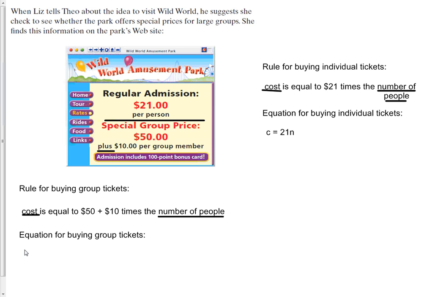Shortening that down to an equation, cost is C, is equal to $50, plus $10 times the number of people. Remember, it's multiplication, so I'm just going to write 10n. Put that down in your notes, please.